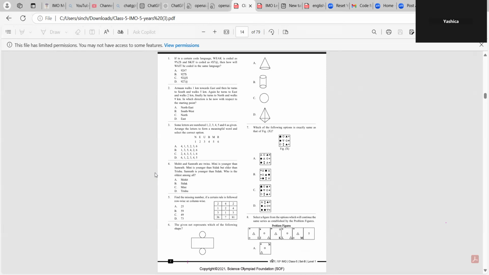Ma'am, 6 is option B. Because this figure could be cylinder only, because cylinder has 2 circular faces and 1 curled up rectangular face. Then only it becomes like this.